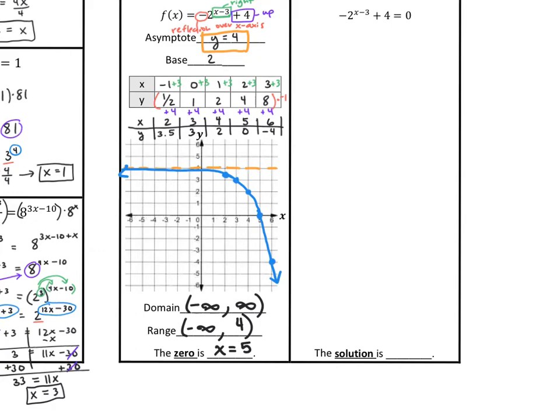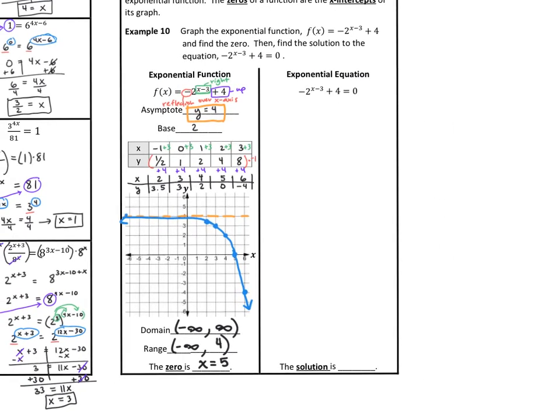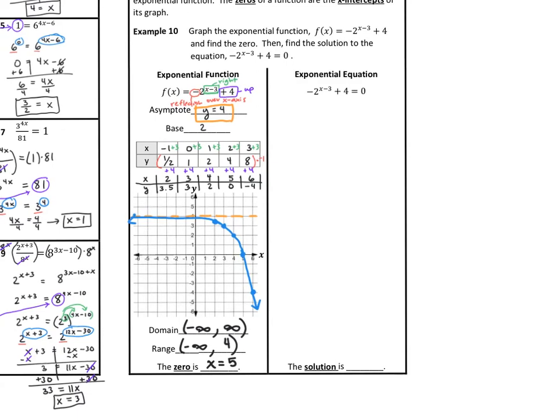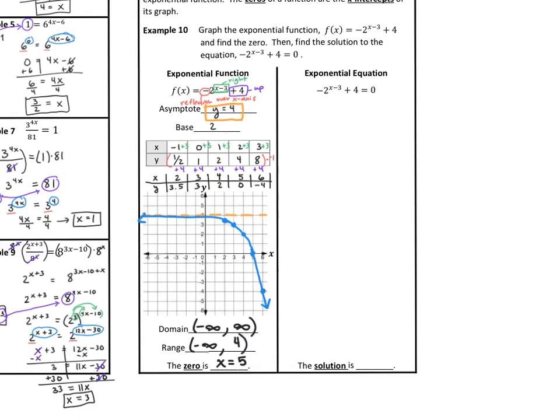Okay. So now let's work on the right side. And at the end, we should compare and see that the right side gives us the same result as the left side. Okay.